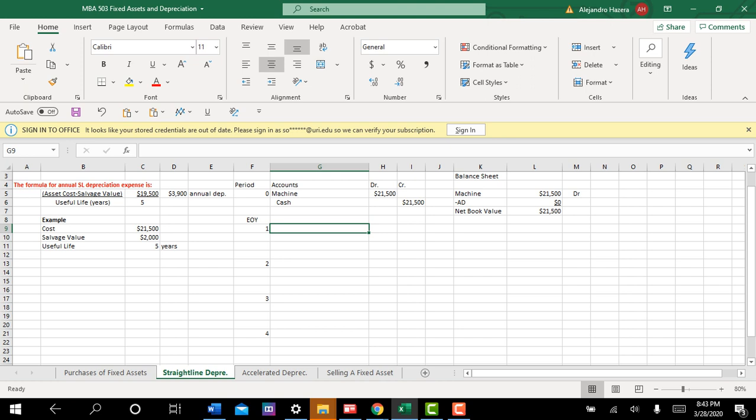You cannot record depreciation unless time has gone by. So every year, here's what we're going to do. We're going to debit depreciation expense and credit accumulated depreciation. Now I'm just going to copy those accounts down because those are going to be the same accounts every year. So I'm just going to copy these accounts down every year.